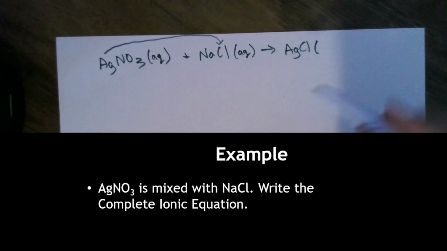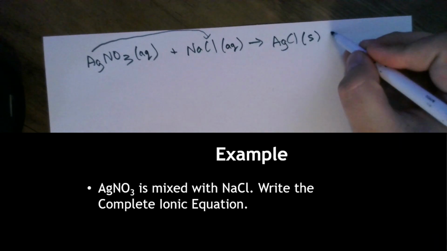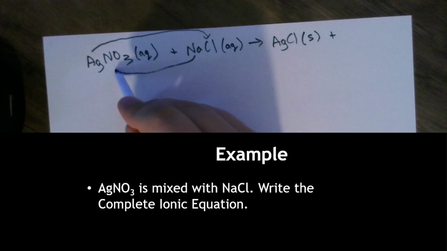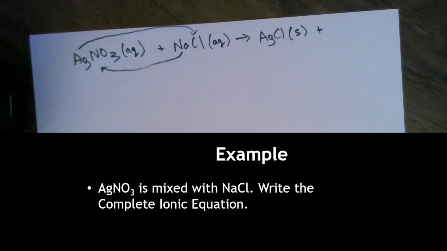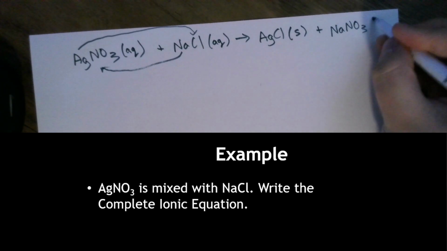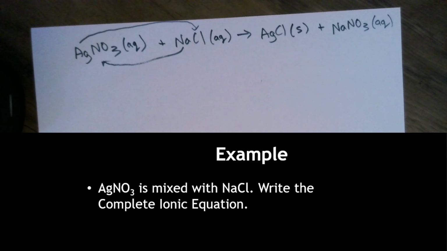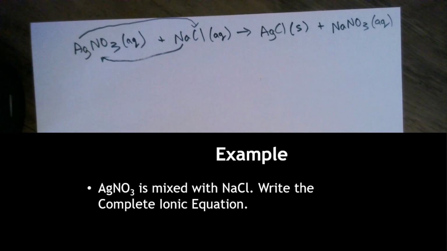It doesn't have any of those four, like we talked about, so it's a solid. Plus Na is going to bond to the other non-metal, NO3. They both just have a 1 plus and 1 minus charge, so again, they just make NaNO3. This is definitely aqueous because it has two of the things that make it aqueous.